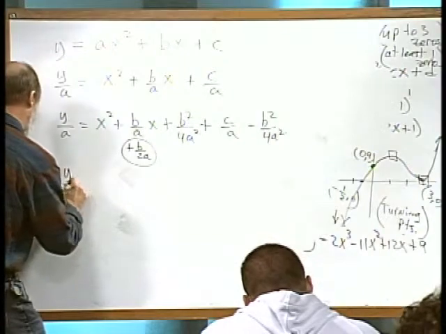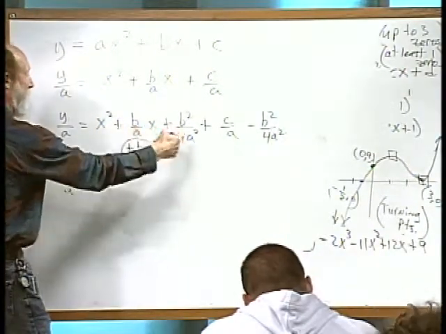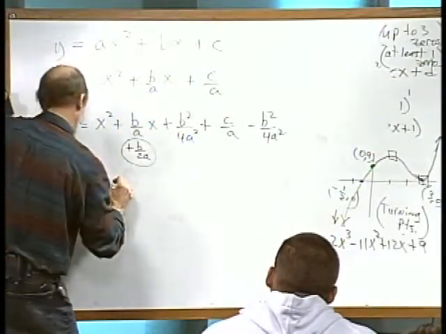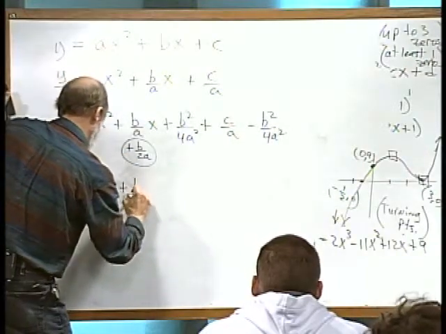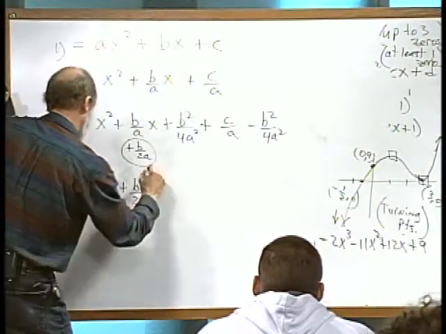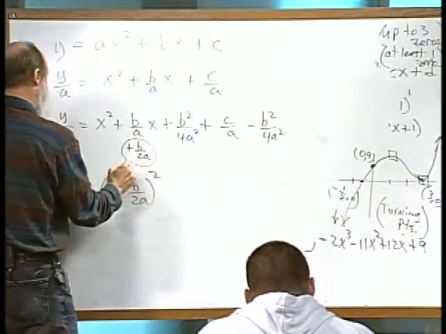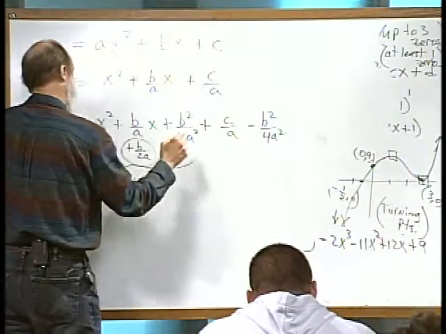Okay, now our y over a is equal to this trinomial up front, which is really a binomial square. x, and this little thing I circled goes right in there, x plus b over 2a quantity squared, are these first three terms collapsed into a binomial square.